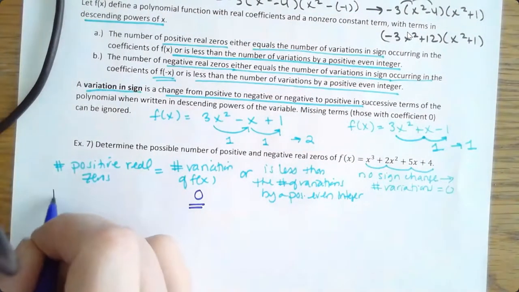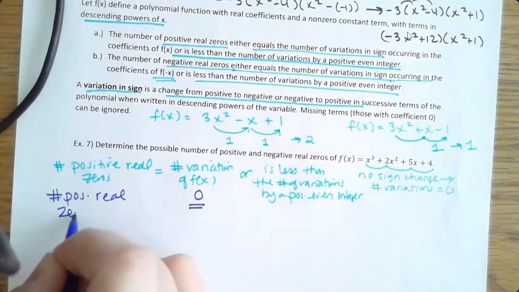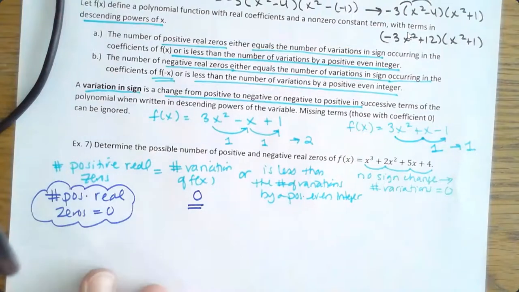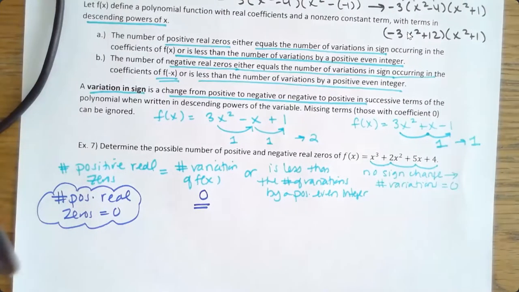The number of positive real zeros here happens to be just 0. So now if you were checking your answers, and you had all those possible rationals, anything positive in this case would not work.